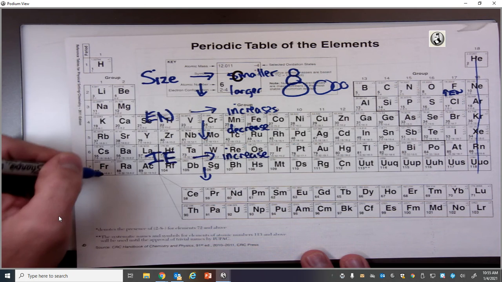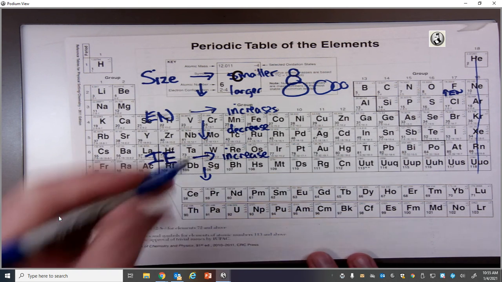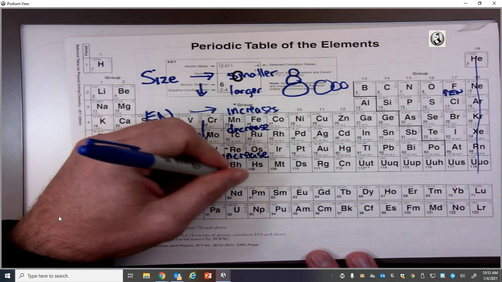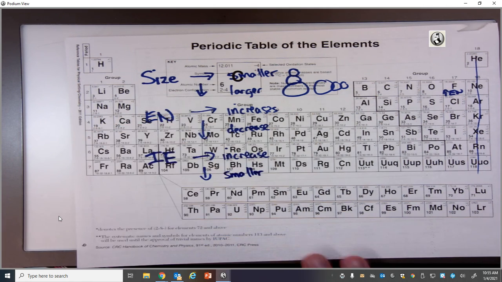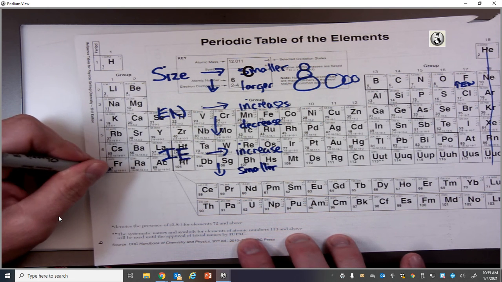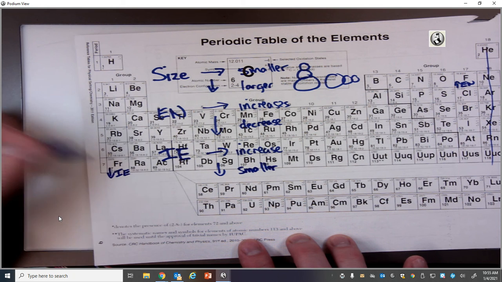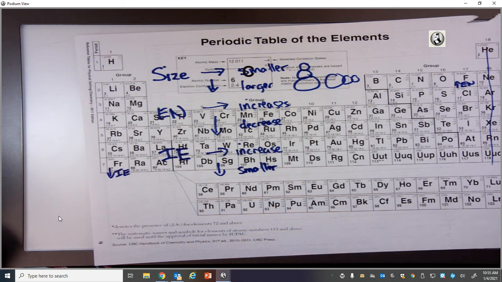All right, as you go down a group, they get bigger. So since they get bigger, it's going to be easier to remove an electron, so the ionization energy gets smaller. The energy needed to remove an electron gets smaller. Francium has the lowest ionization energy, which means it's the most reactive metal, or the most metallic properties. Okay, so there's those three.